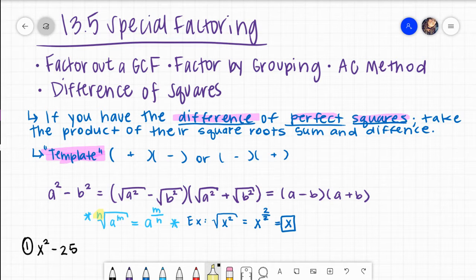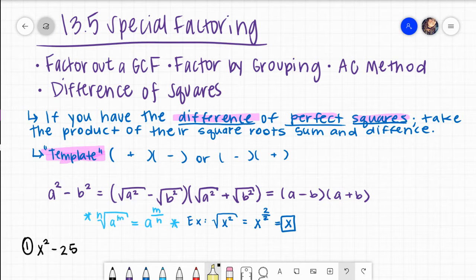This specifically being general is saying I'm in the nth root. So it says I'm taking the nth root of a to the m. If you have something written in this way, we have a rule. This is an exponent rule, y'all. We have a rule that states that what we can do is actually write that root as a fractional exponent where your root is your denominator and your exponent is your numerator.